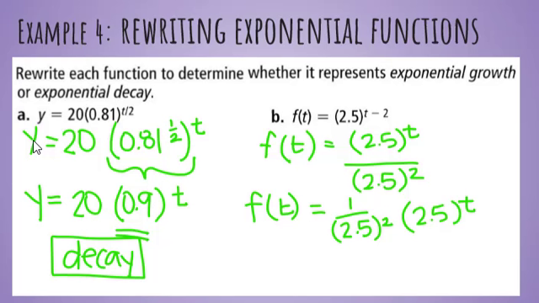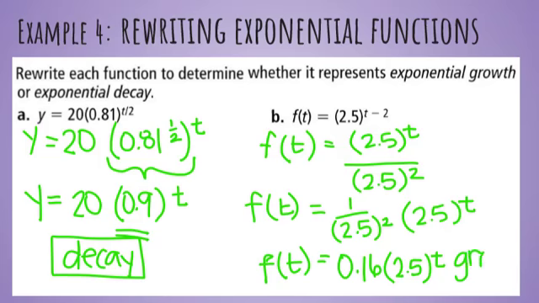And if we simplify 1 over 2.5 squared, we would get f of t equals 0.16 times 2.5 to the t power. Now again, we're looking at what's inside the parentheses. We have 2.5. As long as it's 1 or more before the decimal, it's going to be growth. So this is an exponential growth function.